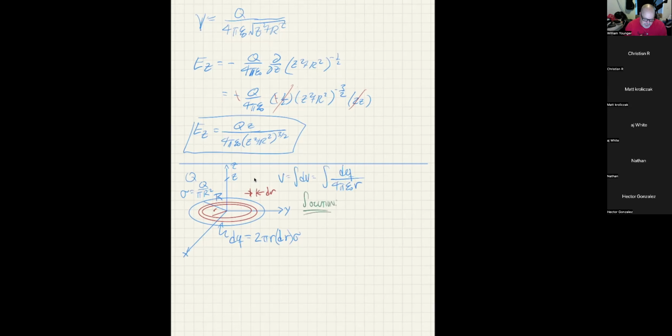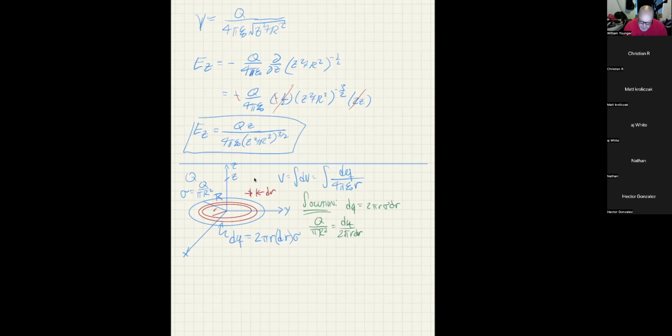I can say, for instance, that dq is equal to 2 pi r sigma dr. But if we realize that sigma is a constant, that tells us that Q over pi r squared is equal to dq over 2 pi r dr.